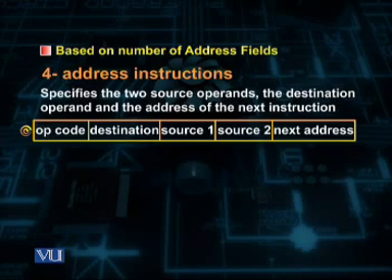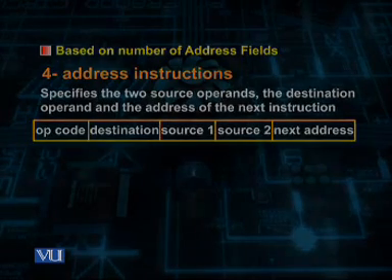Then the second field specifies the destination address. The third and the fourth field define the two source locations. And the fourth address, which is in fact defined in the fifth field, is the address of the next instruction, which is defined as part of the instruction word.